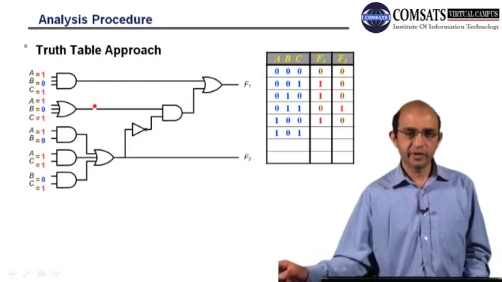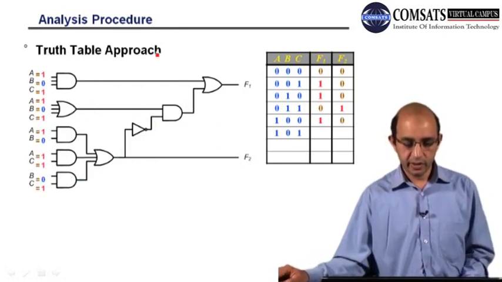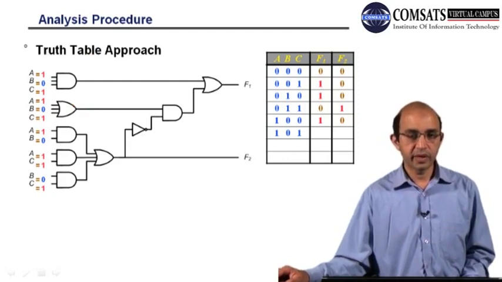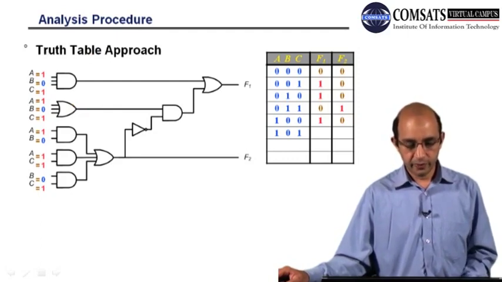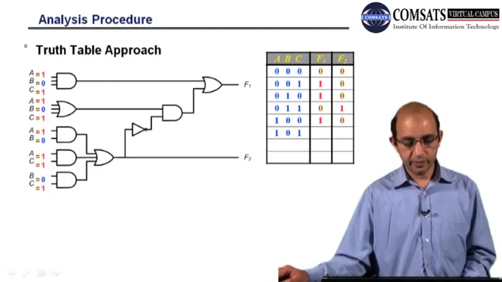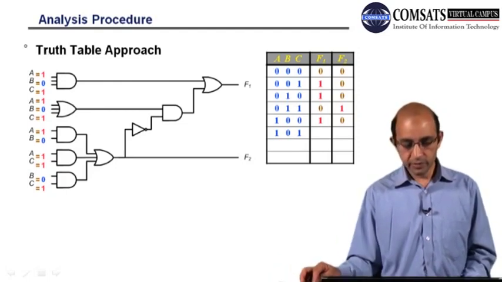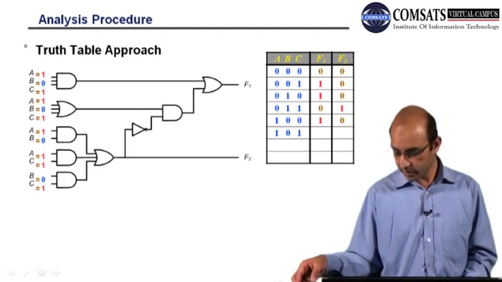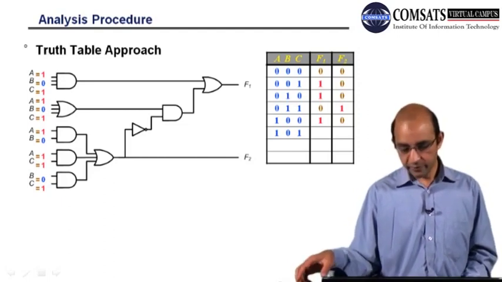But it's a bit difficult if you straight away use the truth table in this way, you can make a mistake. So that's why it's better for us to have some intermediate stage, like I have shown in one of the previous slides.